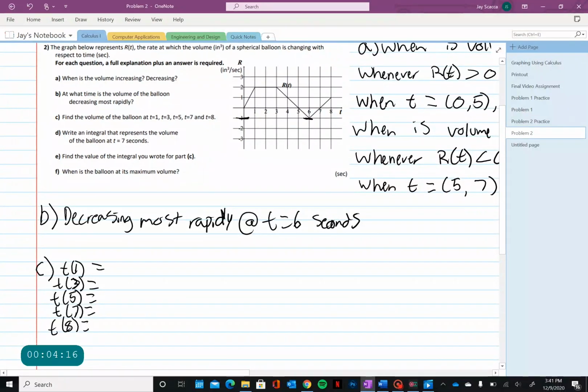And we can see from 0 to 1, we can find the area under the graph to find the volume. So we would use 1/2 base times height, since it's a triangle, and then we get 1/2 times 1 times 2, it's just 1 inches cubed.